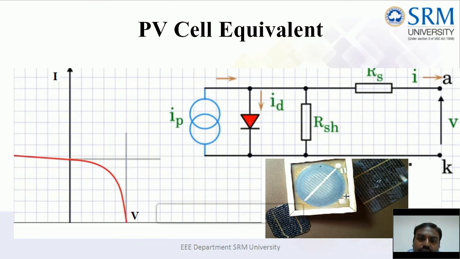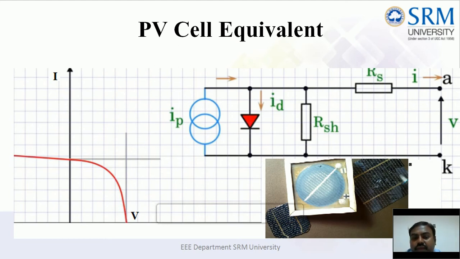The equivalent representation is that the PV cell is shown as a current source connected across a diode, and of course in non-ideal cases we may have shunt and series resistance.